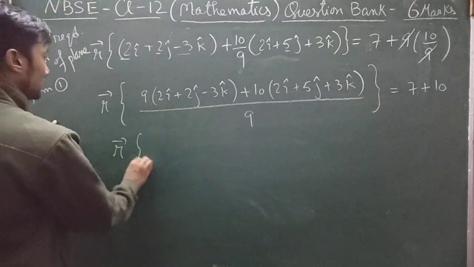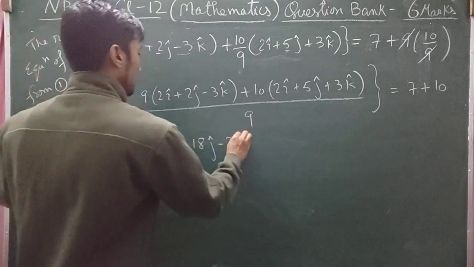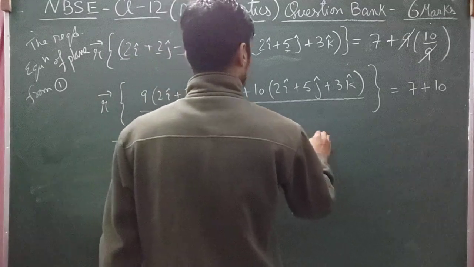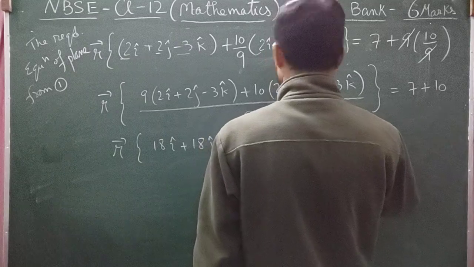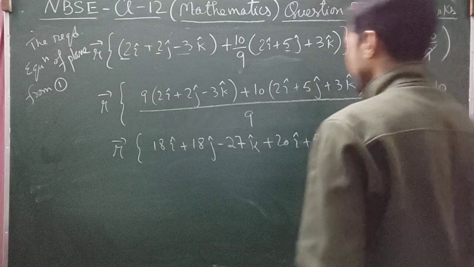Vector r dot 18i plus 18j minus 27k plus 20i plus 50j plus 30k equal to 17 into 9.